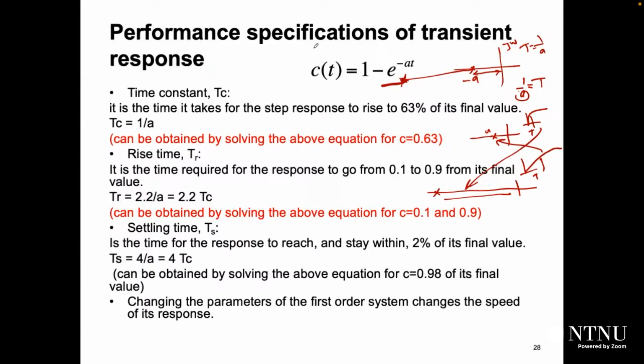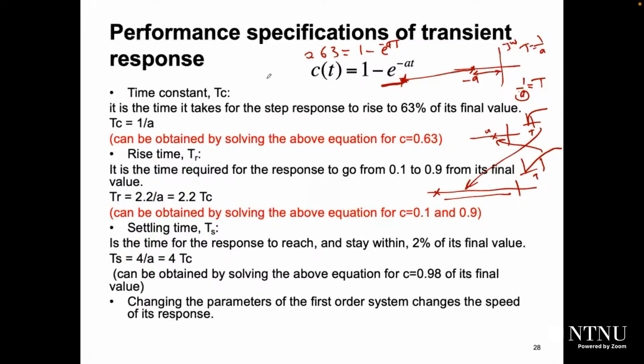So we put 0.63 equal 1 minus e to the minus A multiplied by T, where T is the time constant. If you solve this equation, you will be able to find the time constant.